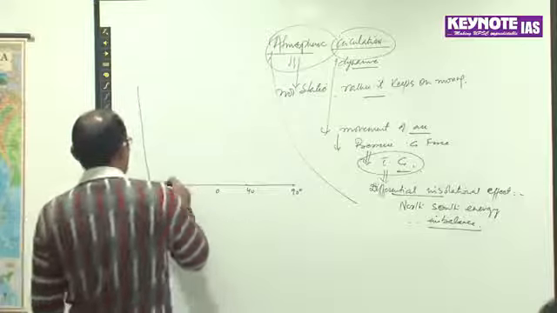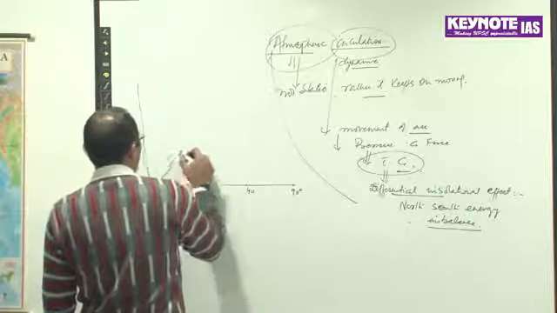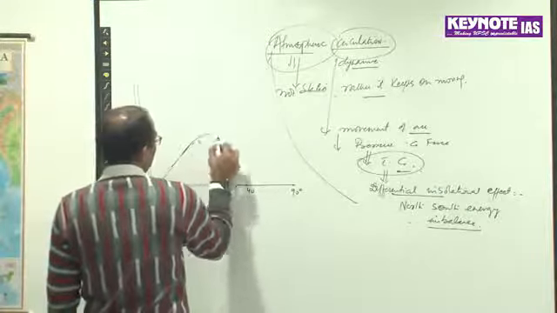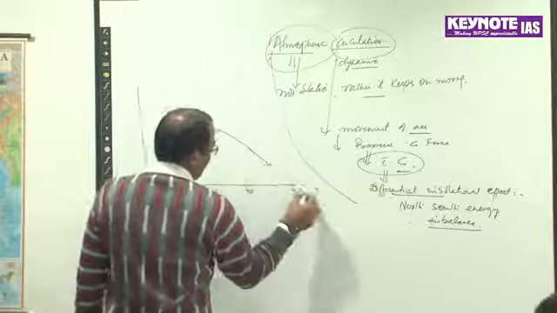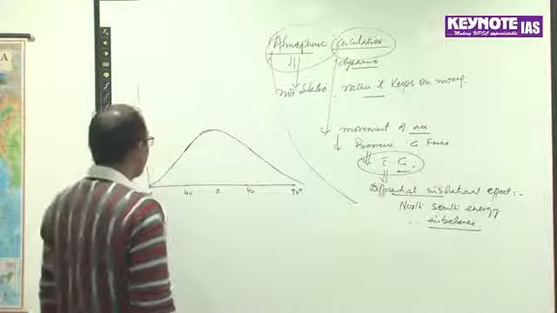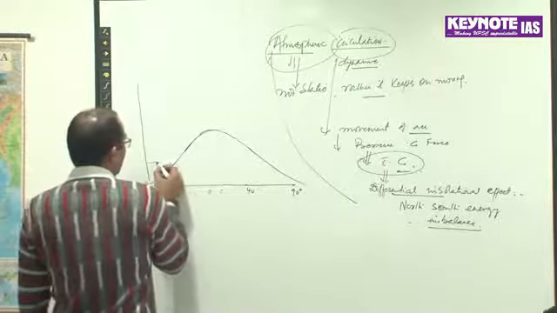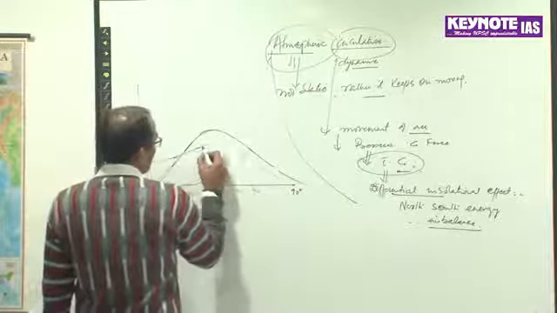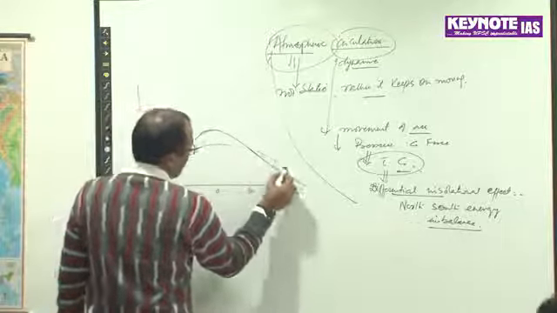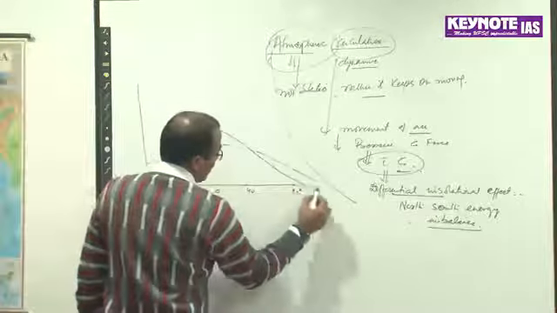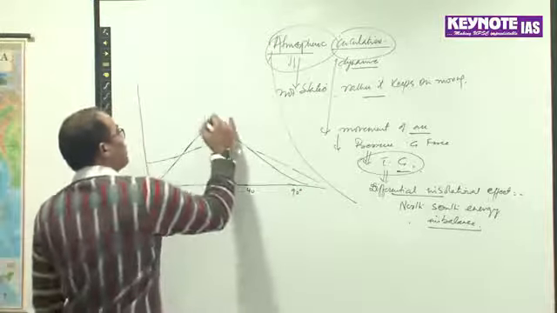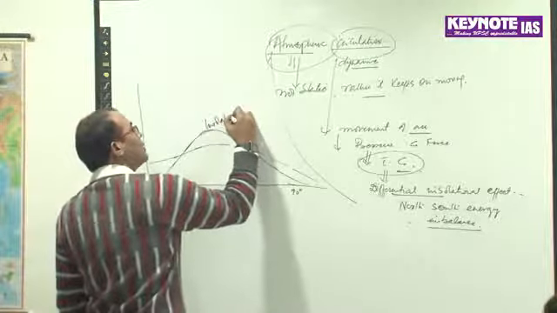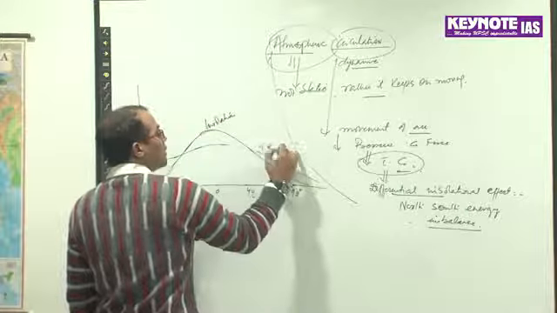If you look at the insolational aspect, and the terrestrial radiation, this is insolation, this is terrestrial radiation.